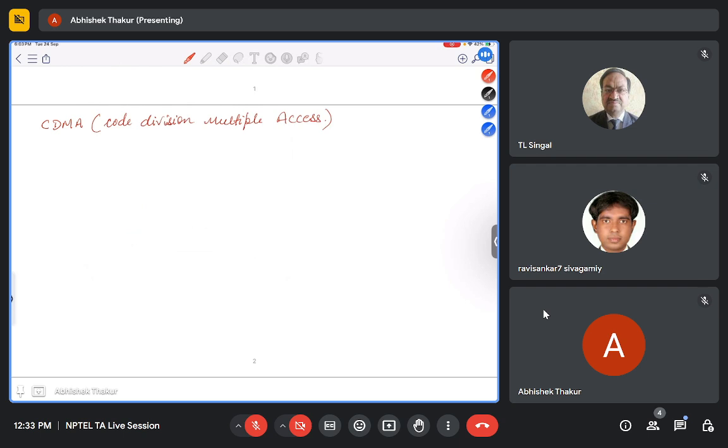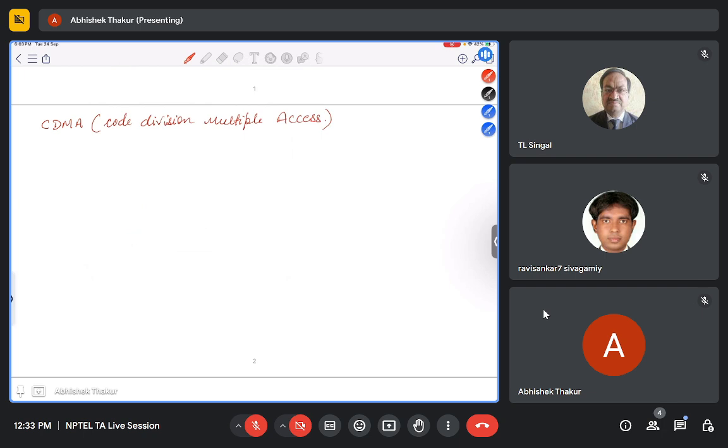So basically, it is the basis for most of the advanced third generation cellular standards, such as WCDMA, HSDPA, HSUPA, and CDMA 2000. So this is the basis of these third generation wireless standards.